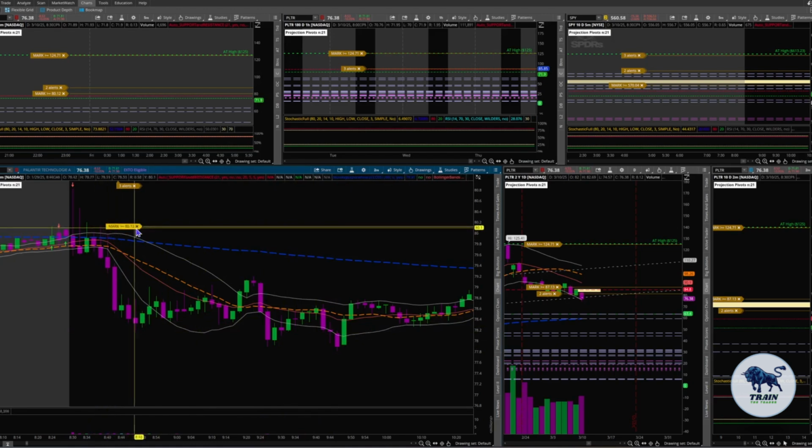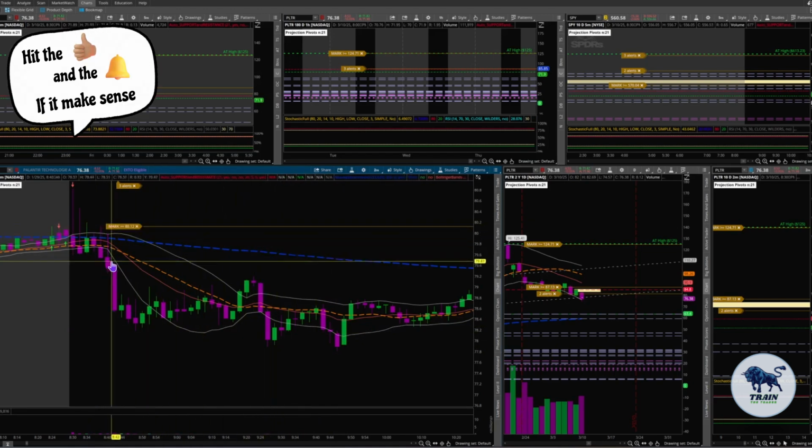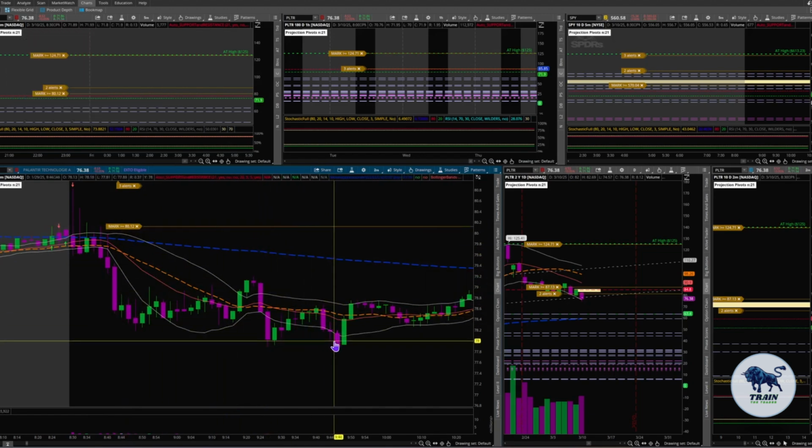And it never tested our stop loss. So there was no reason to ever panic, even in this. You might have been sitting through, losing some of your gains, but it never got close to your stop loss up here. This is a money-making machine right here.